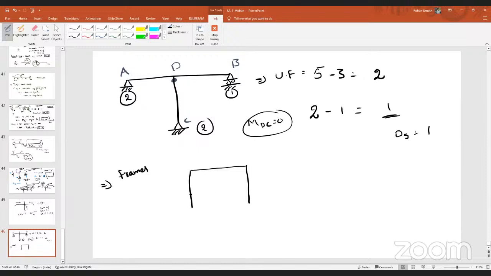Classic example that we are going to discuss here. Determinate or indeterminate? I think you guys already know the answer. You can tell me.